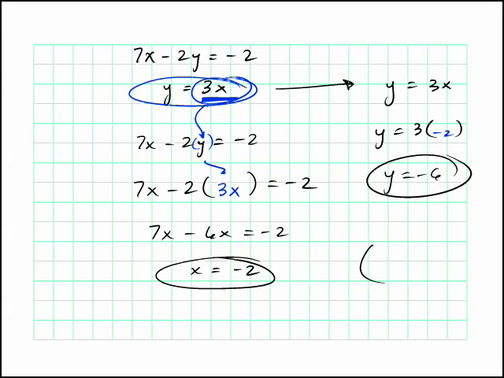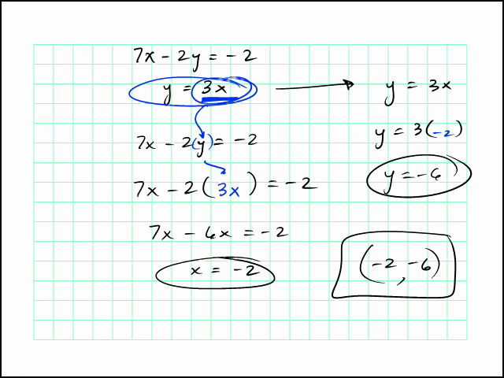And so the solution to our system is the ordered pair (negative 2, negative 6). If you aren't sure that you did it right, you could always take the ordered pair you found and plug it into the two equations just to make sure that they work for both.